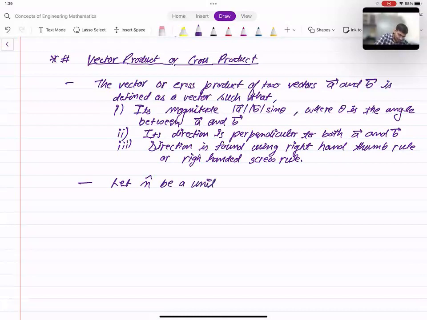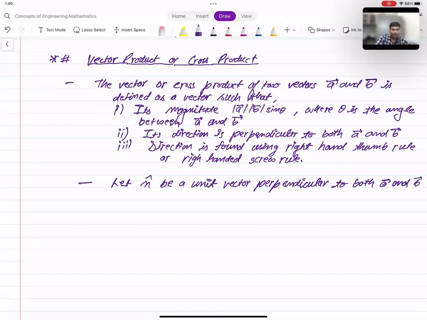Since we only need the direction, that's why we will take a unit vector, perpendicular to both vector A and vector B.